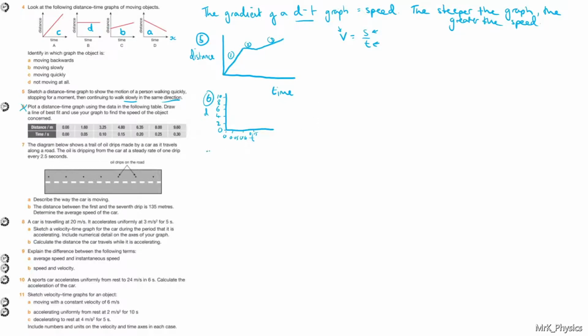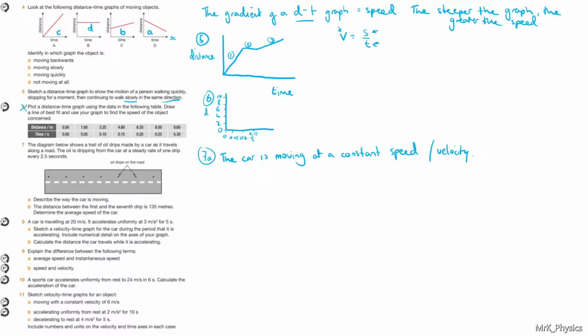So I would say here that 7a shows that the car is moving at a constant speed. Now by all means you could say a constant velocity, that would be fine as well. Either of those is fine.